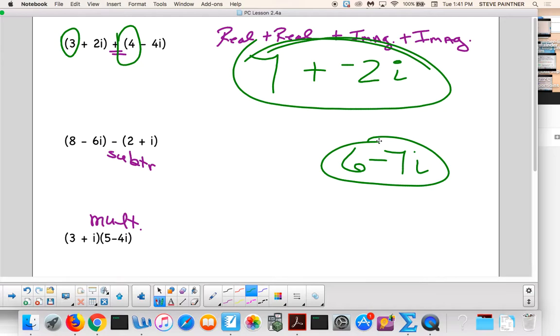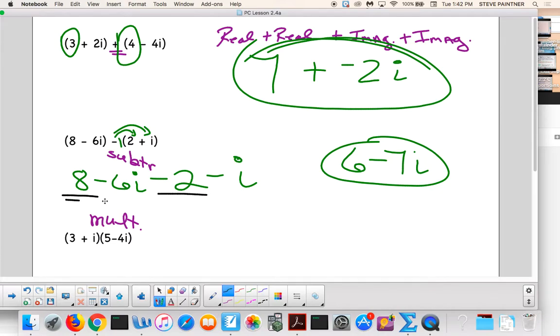Just be very careful with subtraction because this is negative 1 times this, right? And this, which would make it 8 minus 6i, what? Minus 2 followed by minus i. Now looking at this, would you say he's right or wrong? Right. He's right. That and that make what? 6. This and this make negative 7i. He's right.